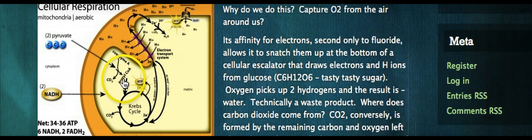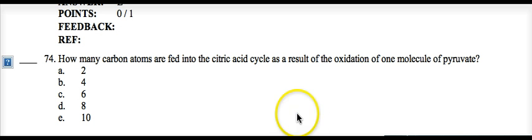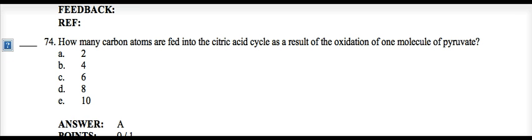So that acetyl-CoA is a 2-carbon molecule that goes into the Krebs cycle. Okay, so the answer then is 2. So when pyruvate is transported into the mitochondria, carbon dioxide is given off, and acetyl-CoA is what goes on to the Krebs cycle.